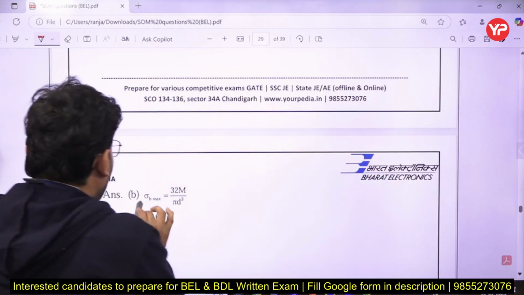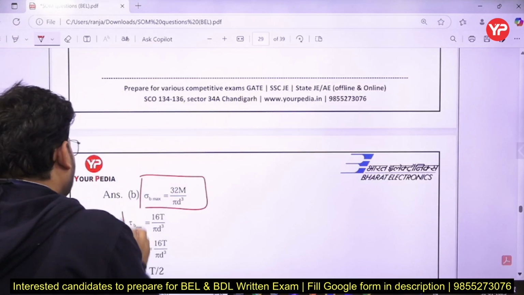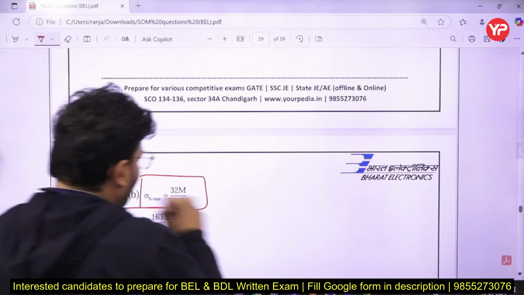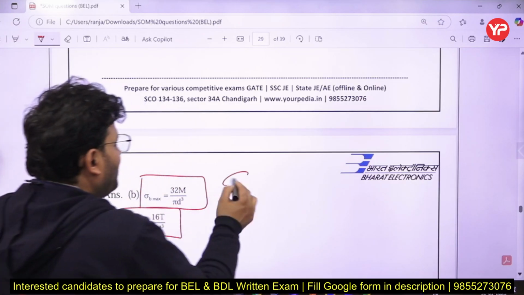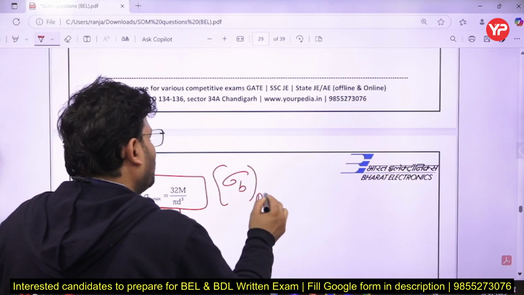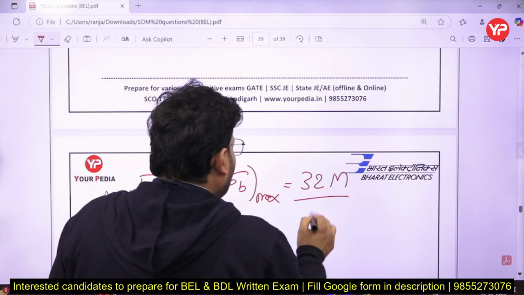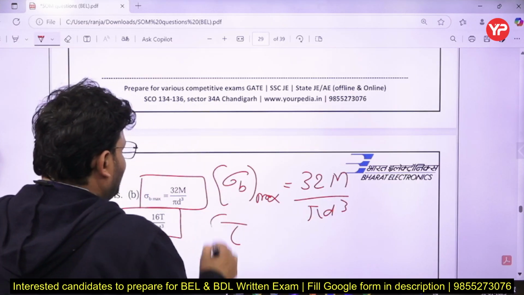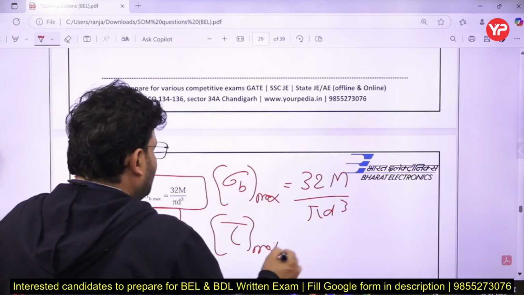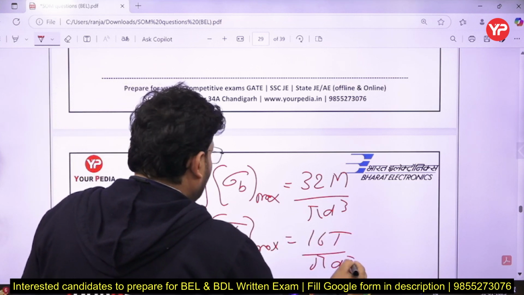Maximum bending stress is given by 32M upon pi d cube, and maximum shear stress is given by 16T upon pi d cube. Try to remember sigma b max, which I very frequently use in the class, 32M upon pi d cube. And maximum shear stress will be equal to 16T upon pi d cube.